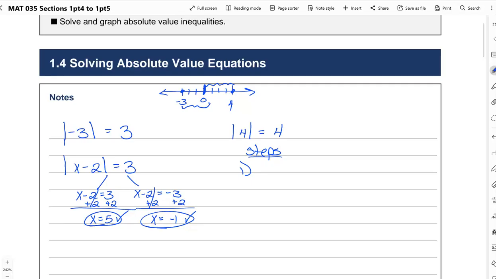But I want you to notice the absolute value is by itself. So if we're talking about steps to solve something like this, your first step is to isolate the absolute value.